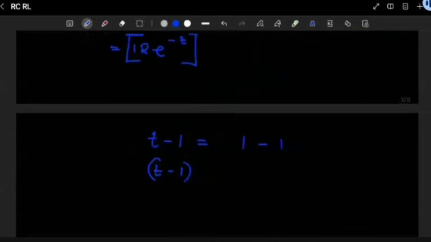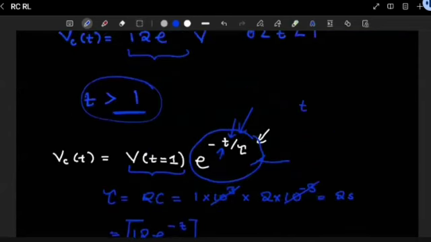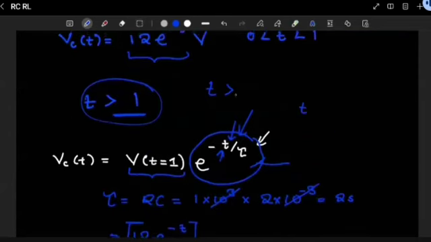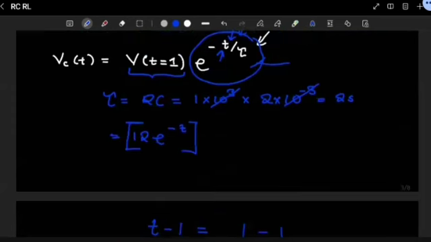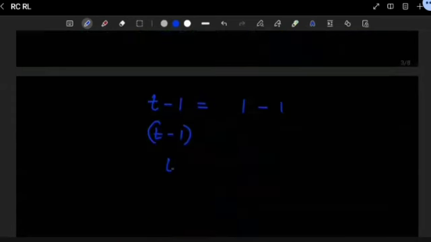If, let's say, this expression was for t greater than 2, meaning we would have our starting point to be t equals 2, this would imply that to initialize, it will have to be t minus 2 as the value for the time there.